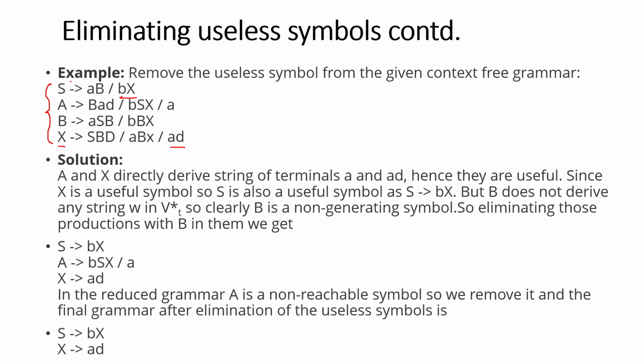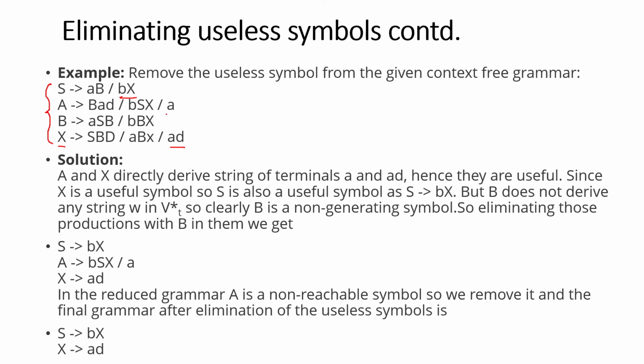But if you look at B, B is small a capital S capital B or small b capital X. Among these two options, I can say that S is reaching some terminal, X can reach some terminal, but there is no way shown that B can reach some terminal, right?